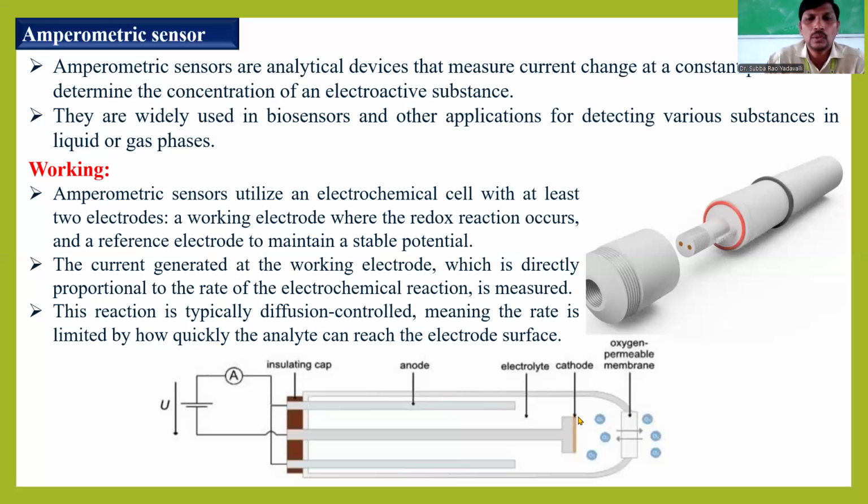The oxygen is absorbed by the cathode and the reactions take place. The liberated electrons will be detected by the cathode and converted into a signal, which gives the concentration value. So this is the working of amperometric sensors.